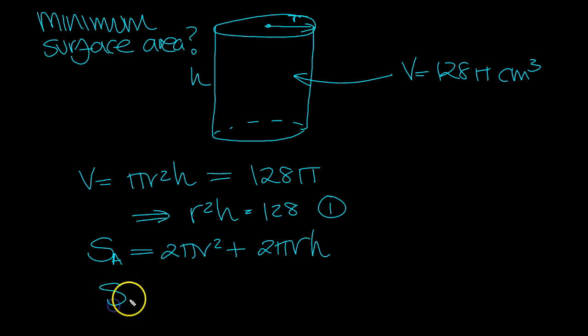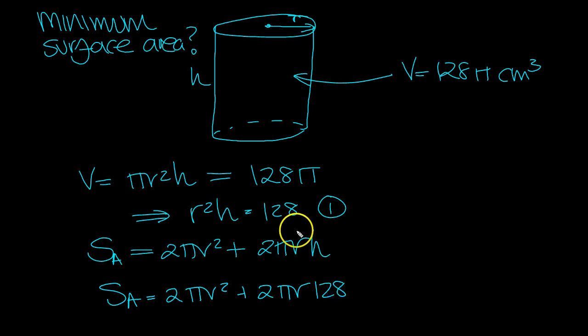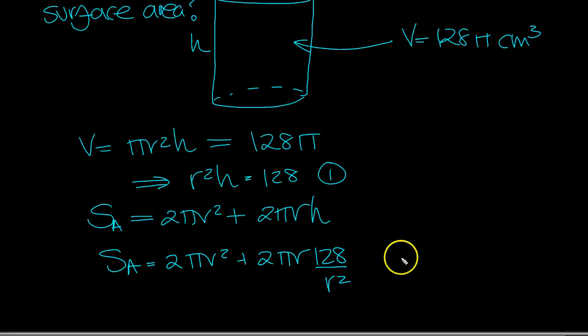So S_A is equal to 2 pi r squared plus 2 pi r times h, which is 128 over r squared. So that surface area will be 2 pi r squared plus 256 pi over r.